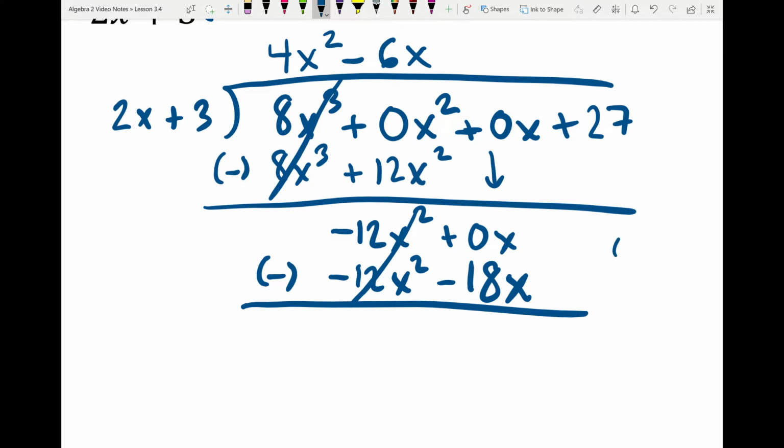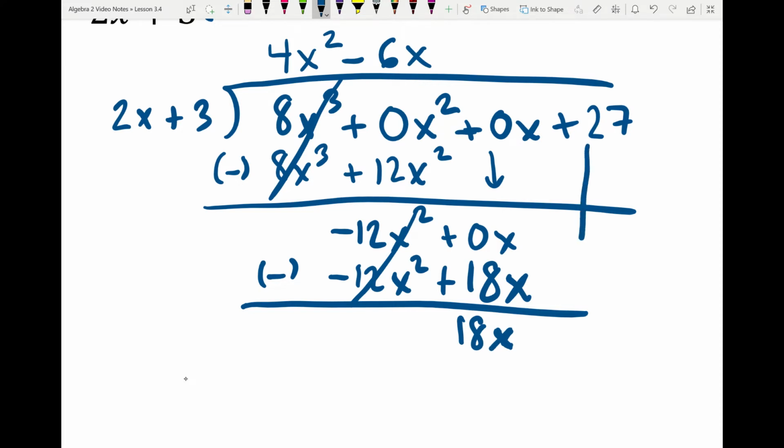Let me write this off to the side just in case. 0 minus, that's this first minus here, and then minus negative 18x, because of this negative here. Two negatives make a positive, so this becomes 0 plus 18x, which is 18x. So just be careful with the signs.